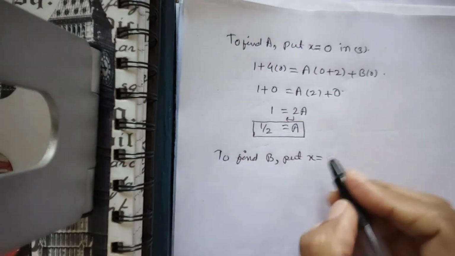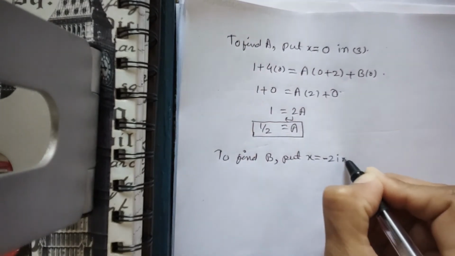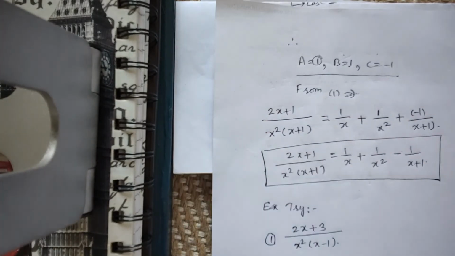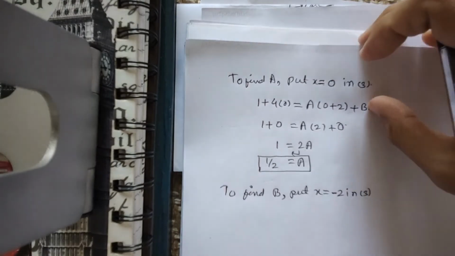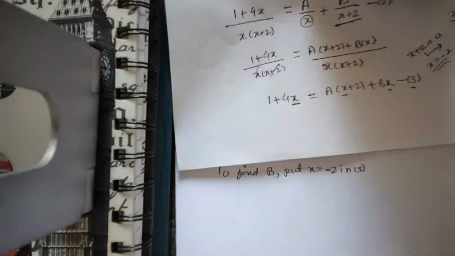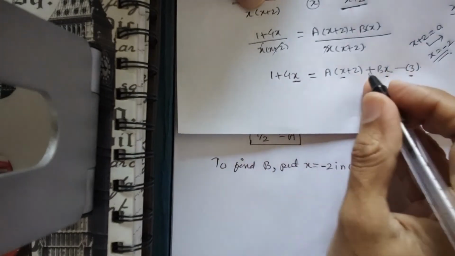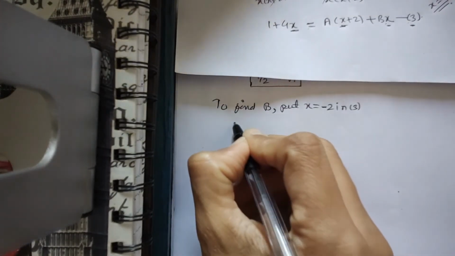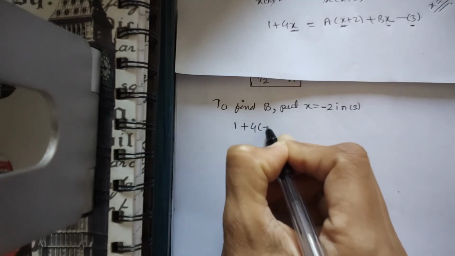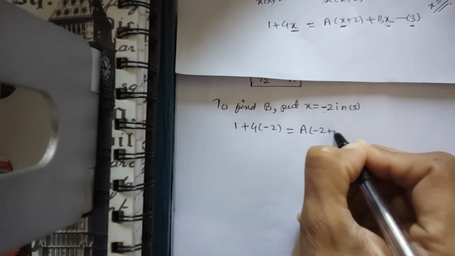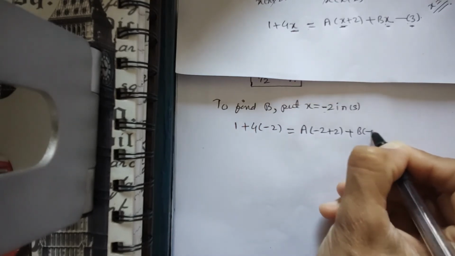So I will get b. Put x = -2 in the third equation. Just replace x with -2 now. What will I get? 1 + 4(-2) = a(-2 + 2) + b(-2).